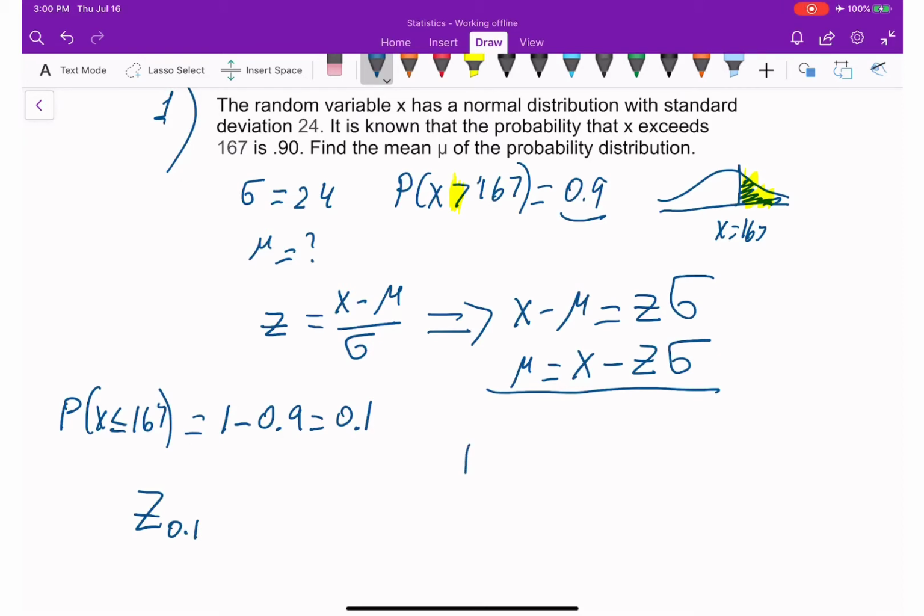Remind you real quick, we are given a probability of 0.1, which is less than 0.5, or 50%. So we are going to look in the negative z-score table. Once we find 0.1, we go horizontally and vertically, and we should get negative 2.33. Negative 2.3 should be here, and 0.03 should be here.